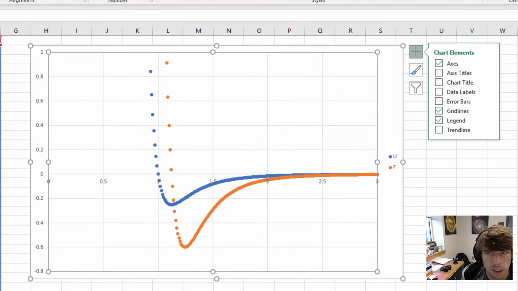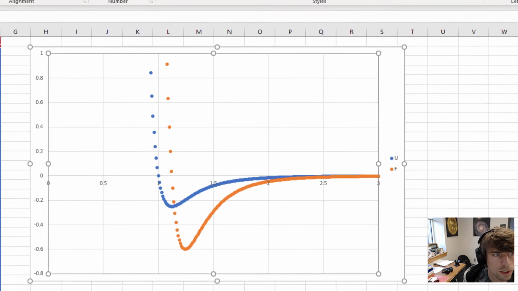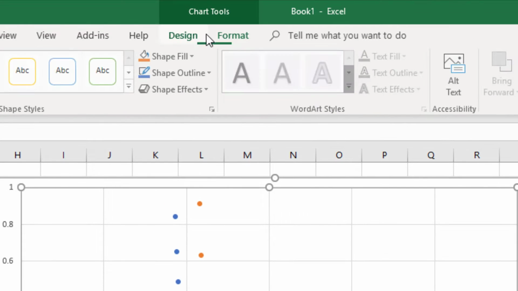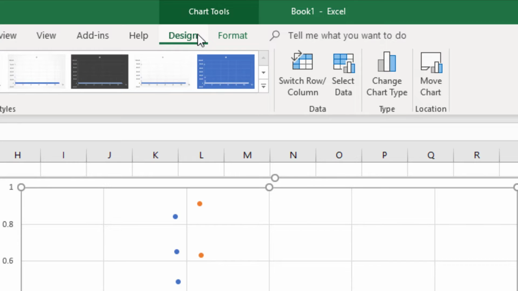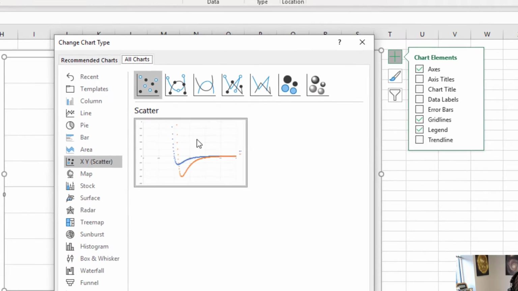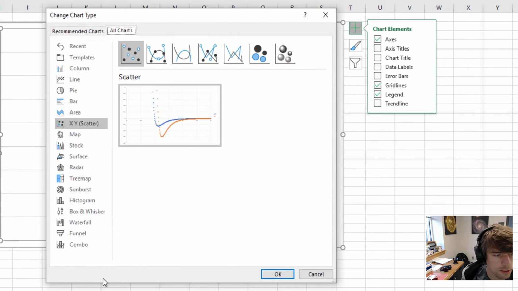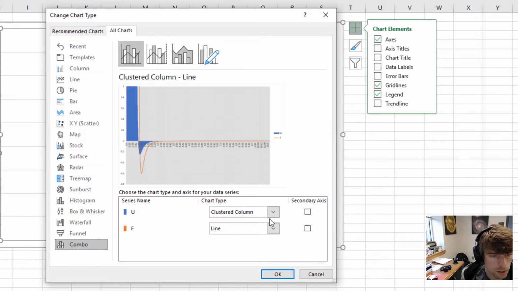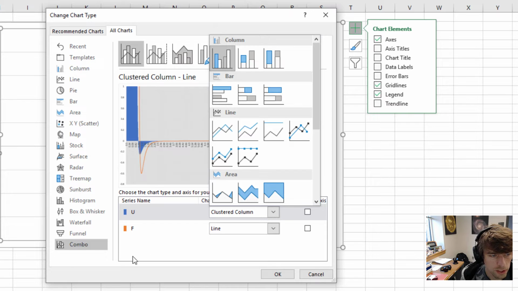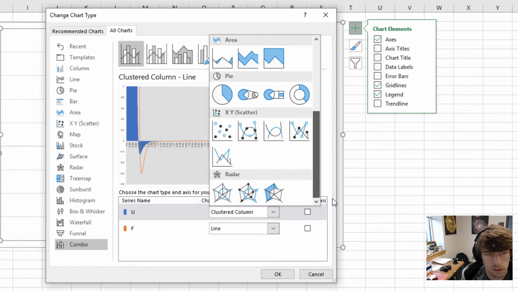There's one more thing we should really know how to do here, and it's very helpful. You notice I went into change chart type, and I'm going to go down to combo. What this combo chart allows you to do is plot two different things on the same plot with different axes.